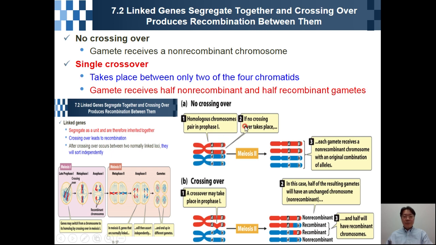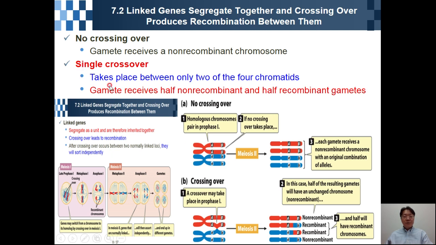If no crossing over takes place, after they finish meiosis 2, each gamete receives a non-recombinant chromosome with an original combination of alleles. For example, large A, large B is the original combination of alleles, and small a, small b is also an original combination of alleles.